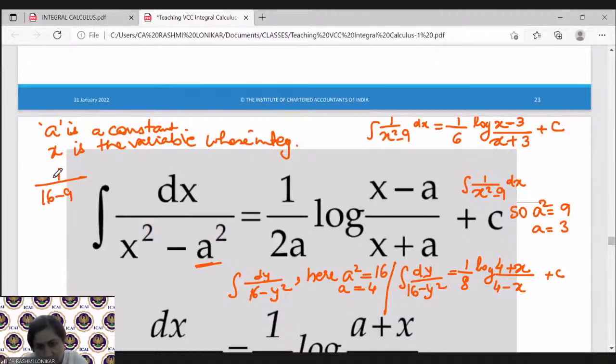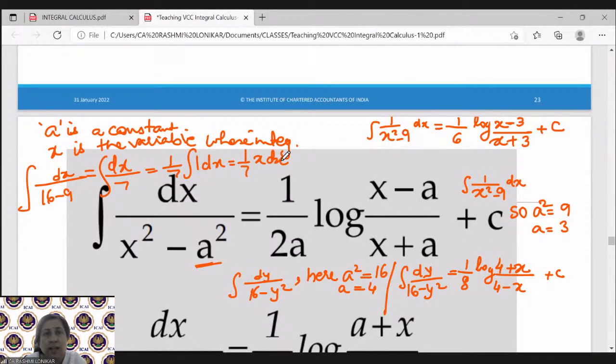You don't do this. If you have this, it is simply dx upon 16 minus 9, which is 7. Integration, suppose you have this, it is simply 1 upon 7 integral of 1 dx, which is equal to 1 upon 7 x. Is that clear? This is not where you have the value of x.